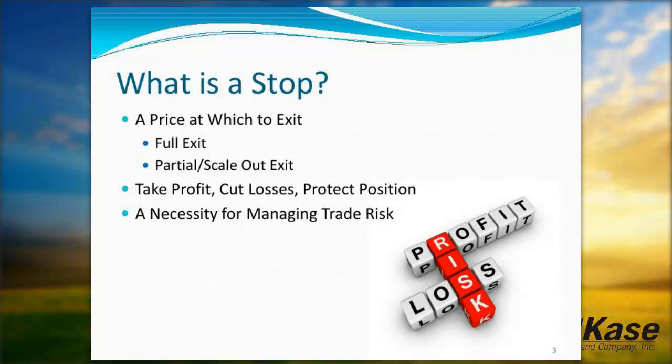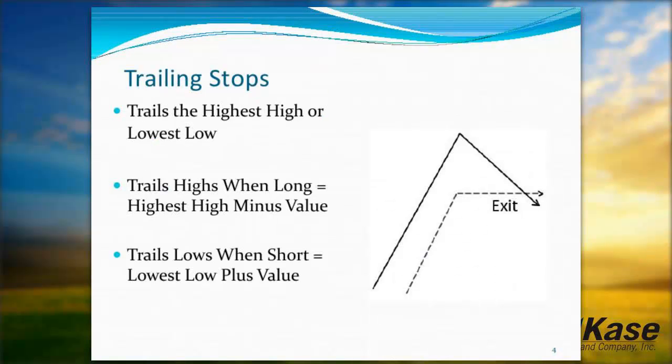So let's get a little bit more into placing stops. How do we want to place stops? The methodology that we use is a trailing stop. So the base of this is a trailing stop. A trailing stop trails price movement. Like in the illustration here on the right side of the chart, if I'm in a long position and the market's rising, my stop is going to rise with the market.